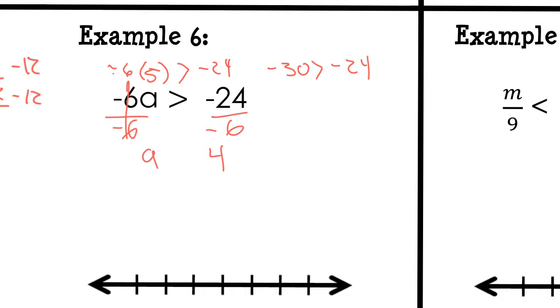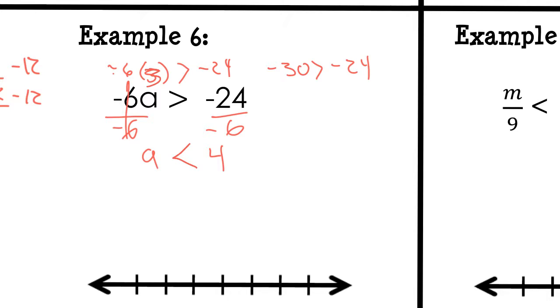This is only when we're multiplying or dividing by a negative. We flip the sign. It flips the other way. Now, if we do it this way, if a is less than 4, let's try 3. Negative 6 times 3 is negative 18. That is greater than negative 24. So that works.